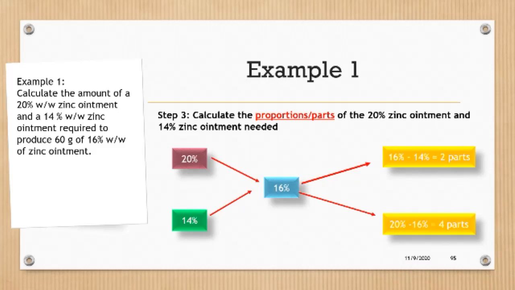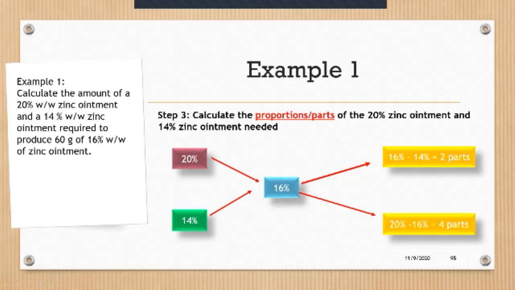So let's go again. You write the 16 in the middle, have the 20% at the top, 14% here, and then you're going to move diagonally, which means that I'm going to subtract 14 from 16 to get two parts here. And you must write it here. It's very important that you follow the directions precisely. And here I'm going to go diagonally again with the 20%.